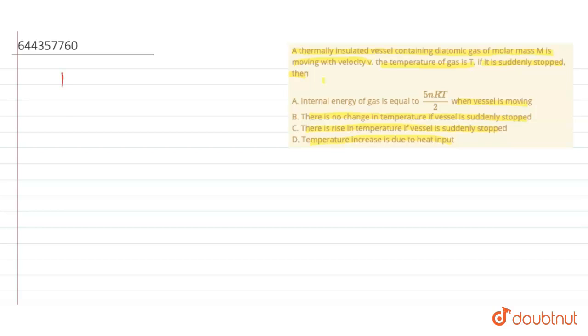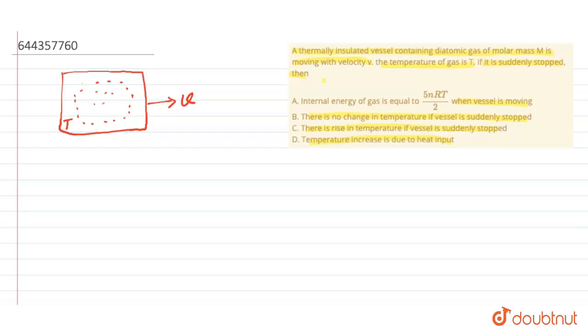Here there is a vessel which is thermally insulated from the surroundings. That means there is no heat transfer to the surroundings. The gas molecules are here at temperature T, so the temperature of the gas is T and it is moving with velocity v.